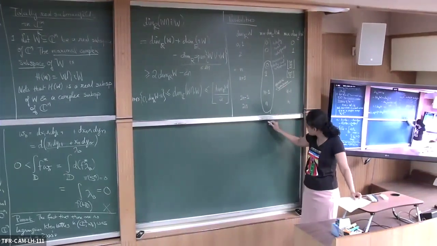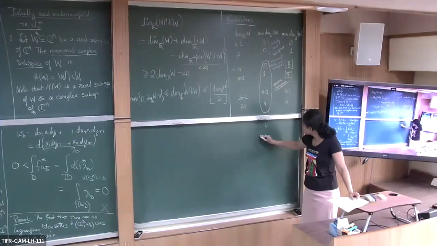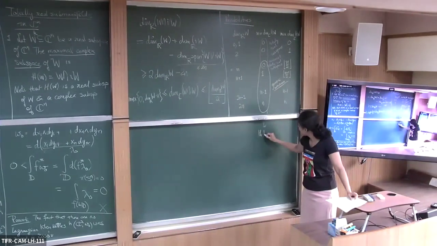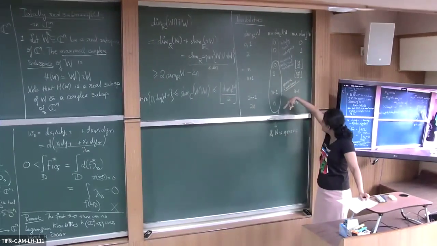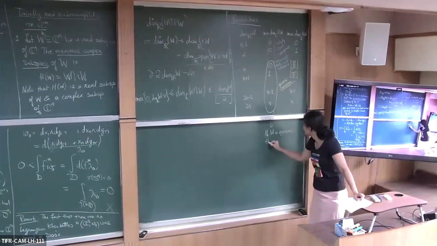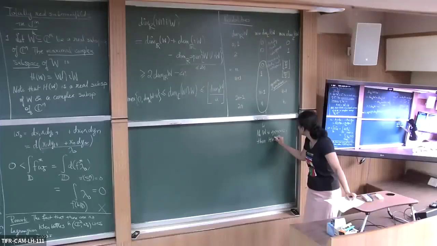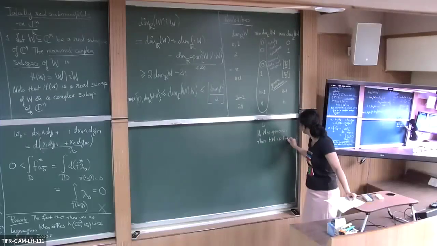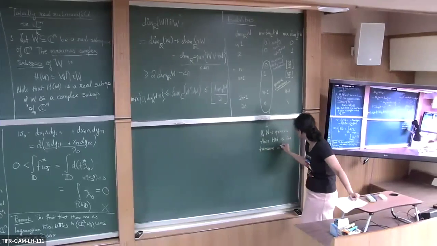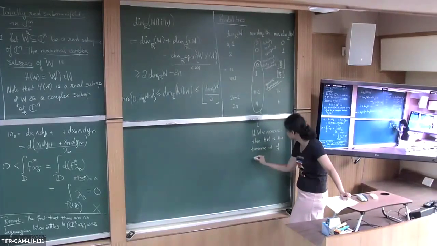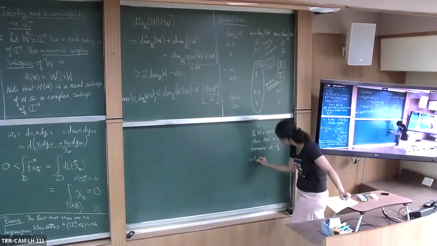And what happens in this case is that if W is generic in this sense, then HW is the transverse intersection of a certain number of complex hyperplanes. How many do you need?